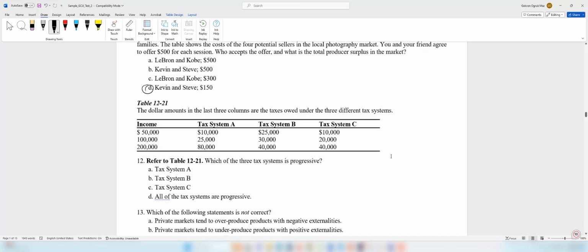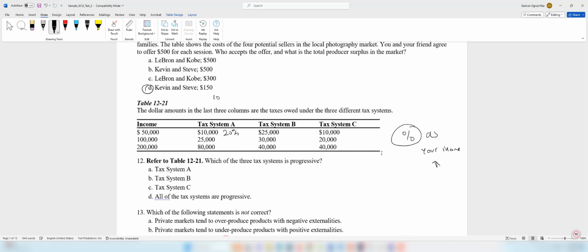Next question. Which of the 3 tax systems is progressive? For a progressive tax system, the percentage of tax paid increases as your income increases. So let's see, for tax system A, if you pay 10,000 out of 50,000 income, then your tax is 20%, right?